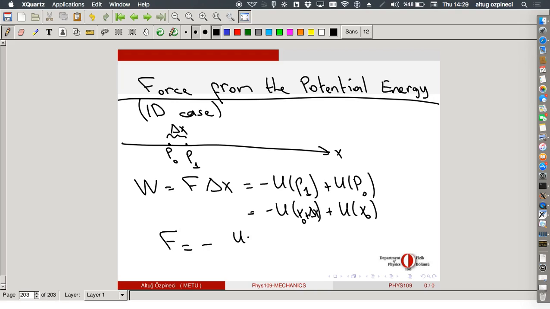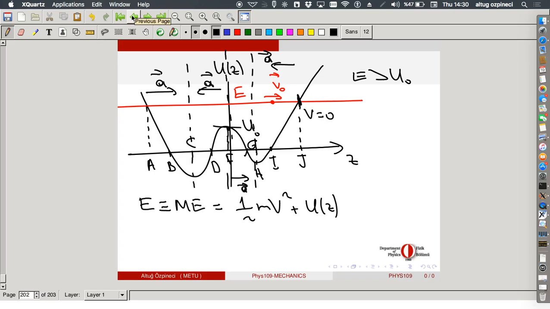Force will be nothing but minus u of x0 plus delta x minus u of x0, divided by delta x. It's nothing but the definition of the derivative, because eventually we will take the limit delta x equal to 0. This is equal to minus du by dx. The force is minus the derivative of the potential energy as a function of the coordinate. Now let's go back to this graph.